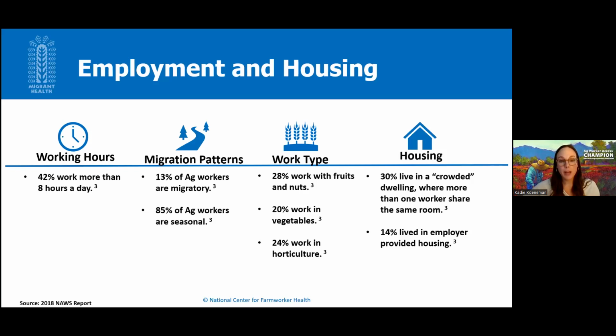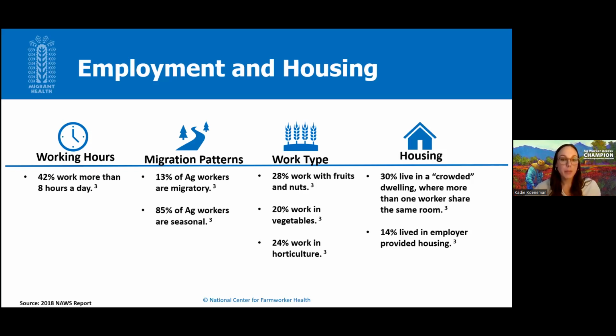Looking at migration patterns, 13% of ag workers are migratory, and 85% of ag workers are seasonal. Of those migratory workers, 47% were domestic or US-based, 42% were international, and 11% had been in the US less than a year.